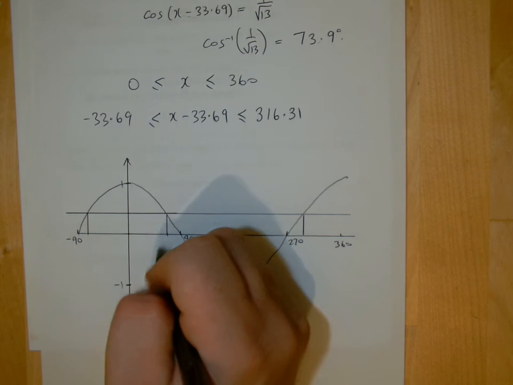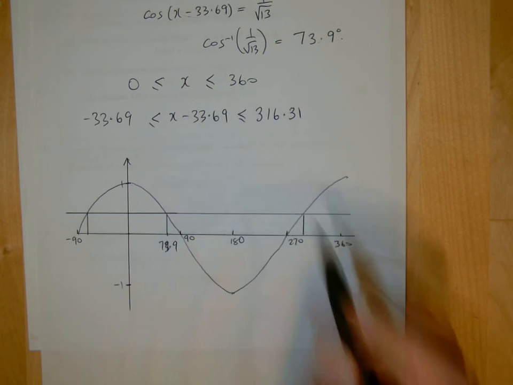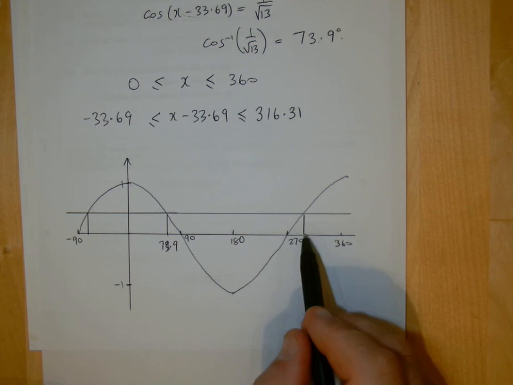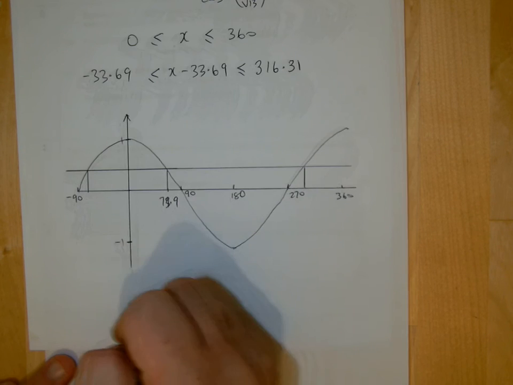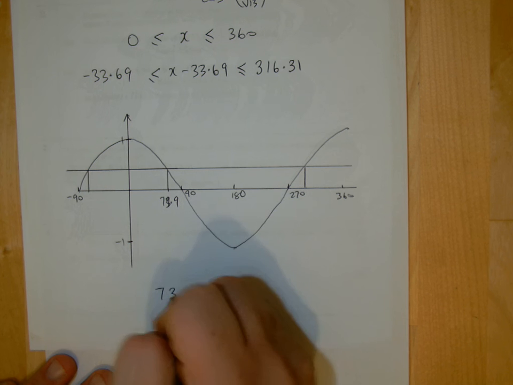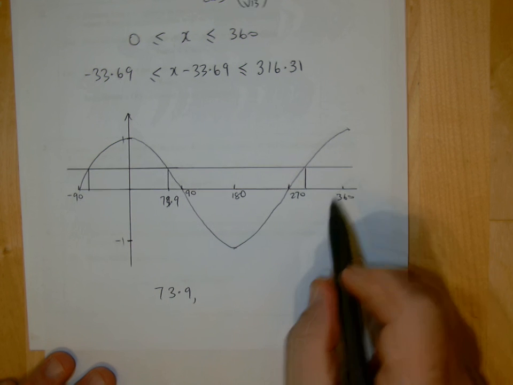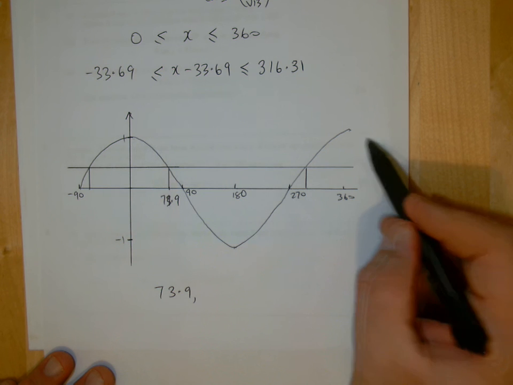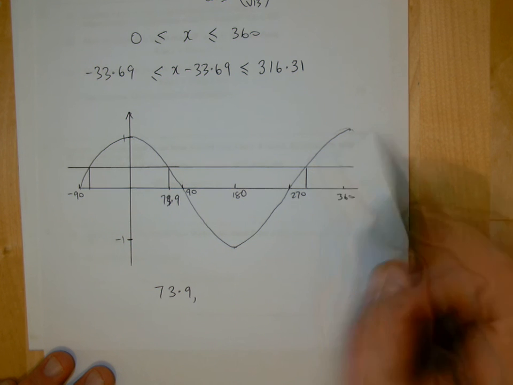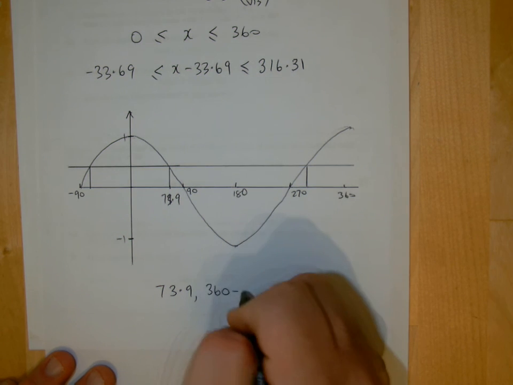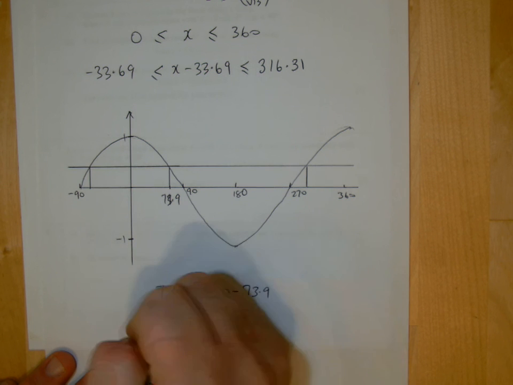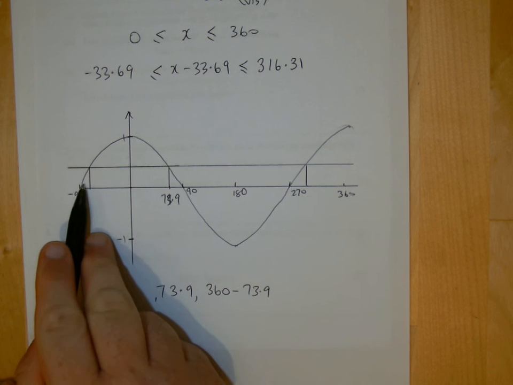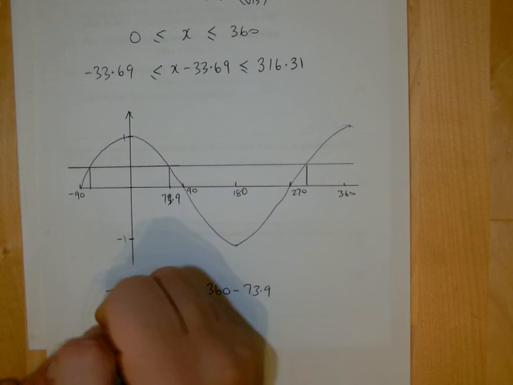So I've got 73.9 here. To get that other result, 73.9 is that slope here, so I'm going back from 360, so that'll be 360 take away 73.9. And of course there's one before it as well. Due to symmetry, that's going to be minus 73.9.